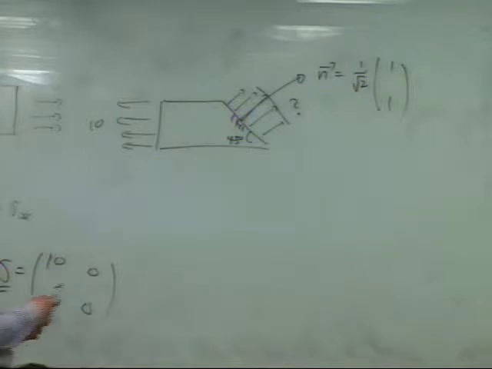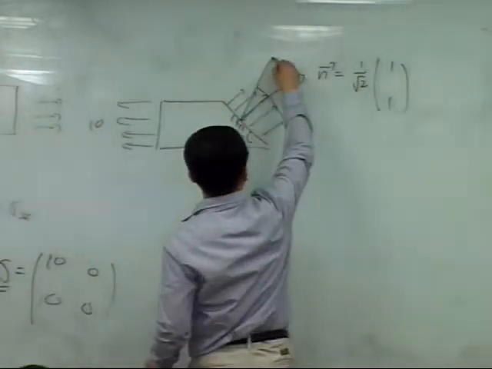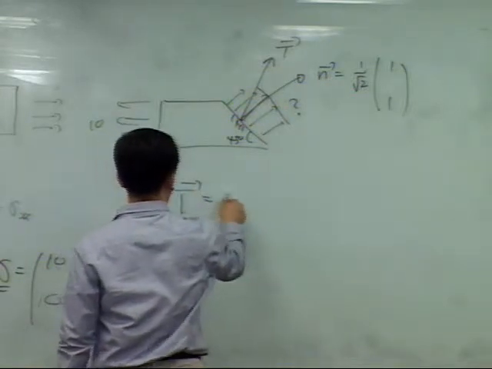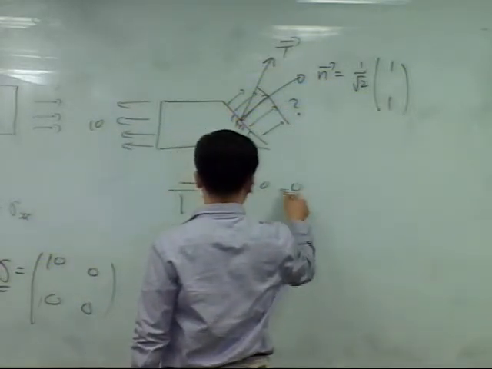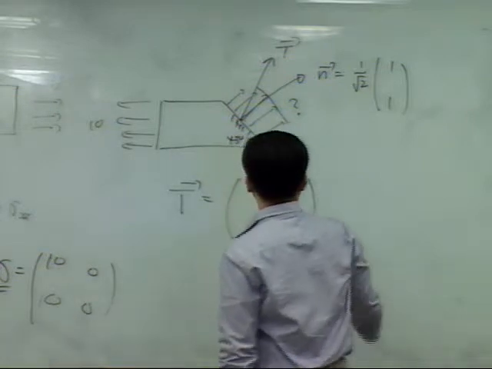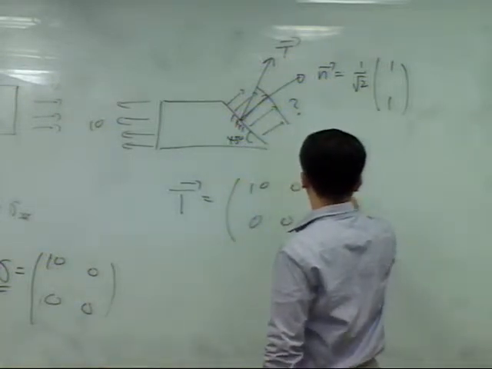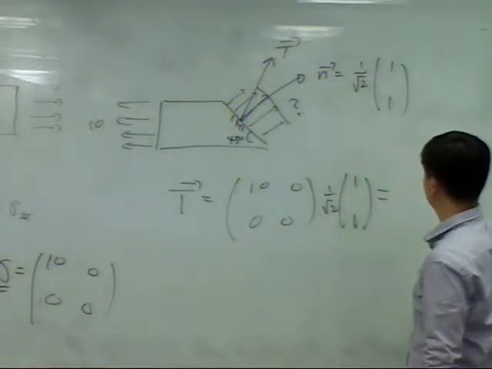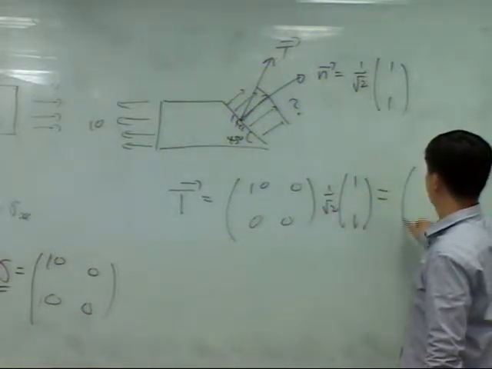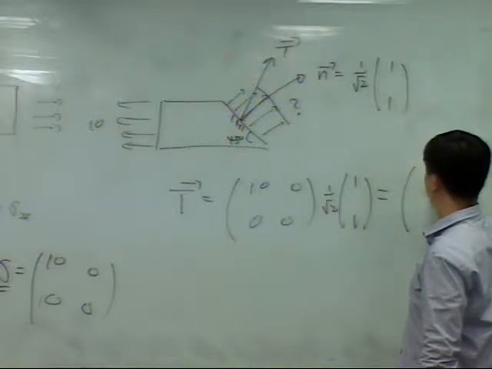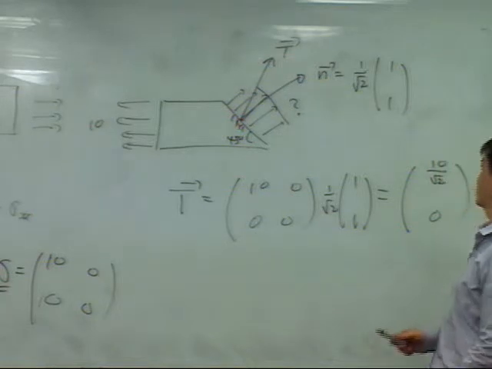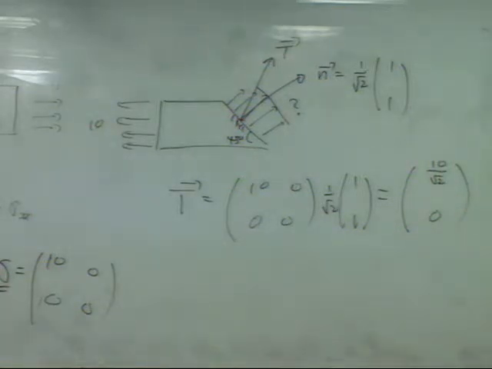And let's calculate the T. T equals the matrix 10, 0, 0, 0 times the vector 1, 1. This will be 10, 0. Is that correct?